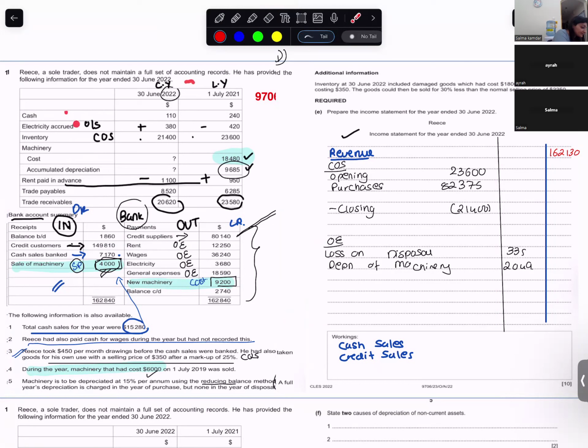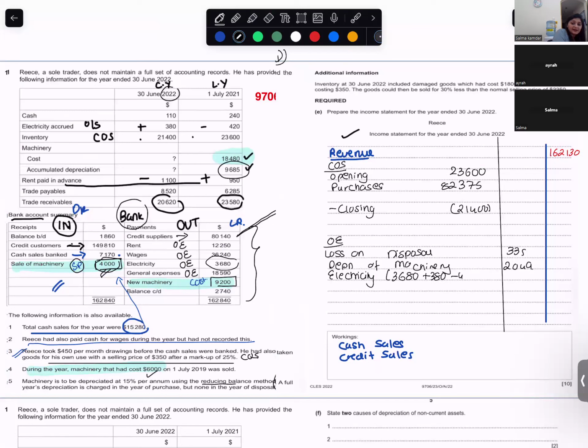Electricity. Electricity will be in other expenses. So I will write electricity. How much have I paid? Electricity you paid 3680. Plus and minus you've already decided for it.